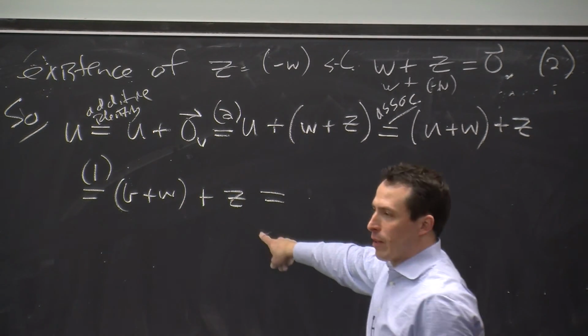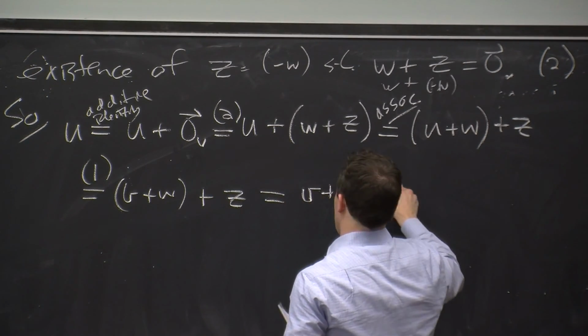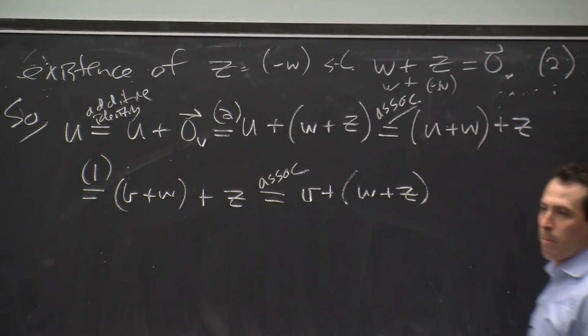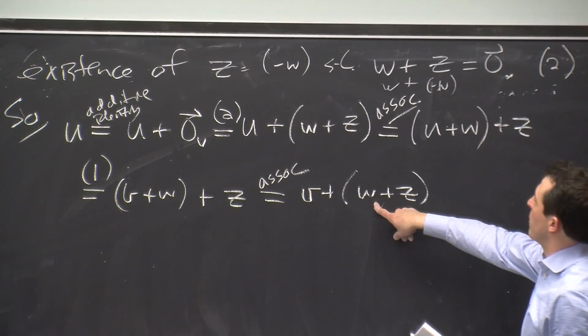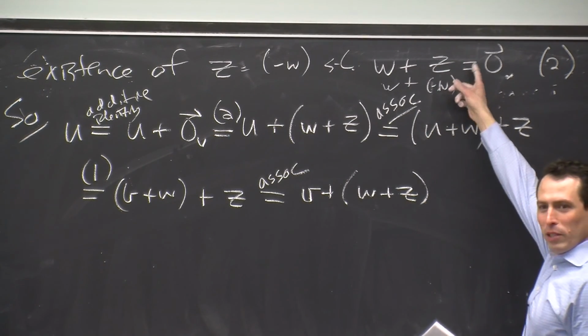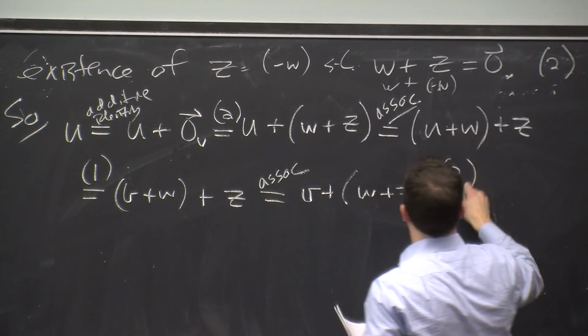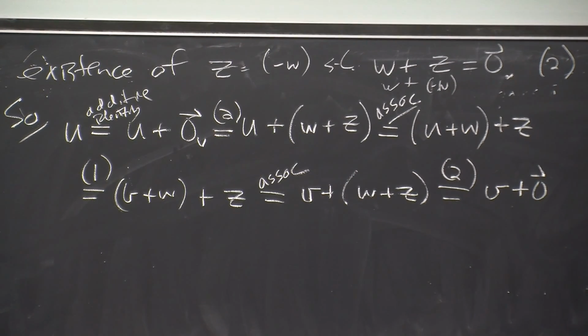Now I'm in another situation where I can change my parentheses, possibly profitably. So let's just do that. And that's justified by using the associative property again. Okay. Oh, but look, now we are back to this w plus z, which we know special things about. We know that w plus z by equation 2 is equal to 0. So hey, we're getting close, right? That's v plus 0.